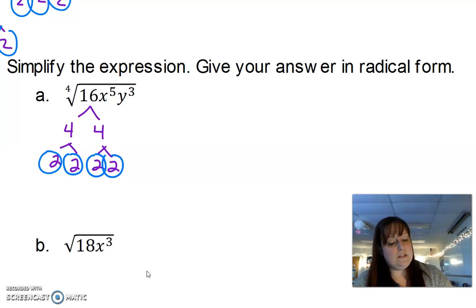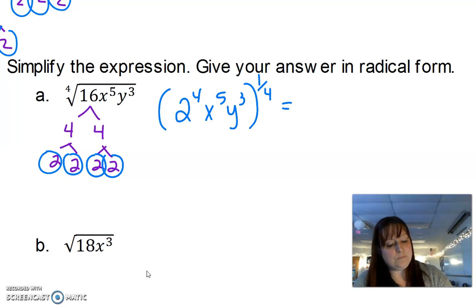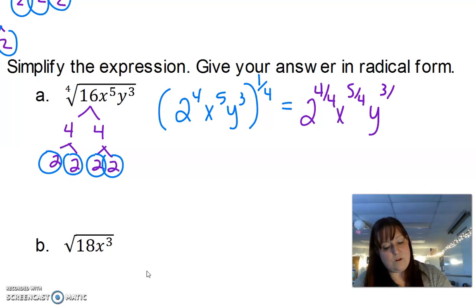So I'm going to rewrite this as 2 to the 4th, x to the 5th, y to the 3rd, to the 1/4. Okay, and that 1/4 applies to everything. So I get 2 to the 4/4, x to the 5/4, y to the 3/4. So that ends up 2, and x to the 5/4 is x times x to the 1/4, right?